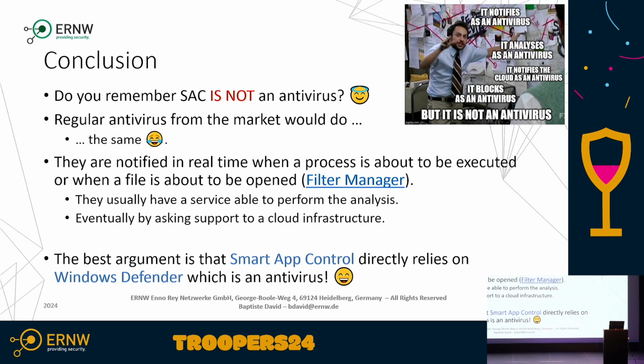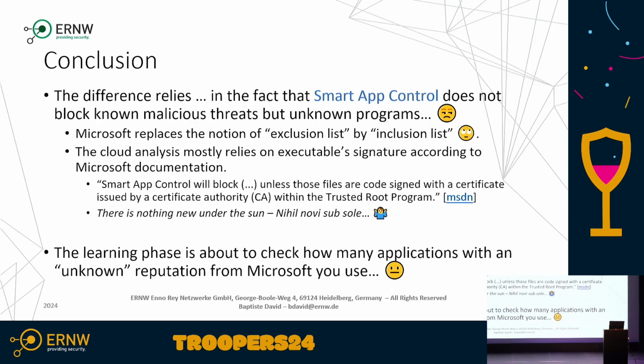And the best argument to say that Smart App Control is in a way an antivirus is that it literally relies on Windows Defender. At the end, in Windows Defender, when the scan analysis really starts, you don't have anymore the name of Smart App Control or Smart Locker and so on. It's just regular notification stuff. And the difference between antivirus and Smart App Control is in the fact that Smart App Control doesn't block non-application to be malicious.